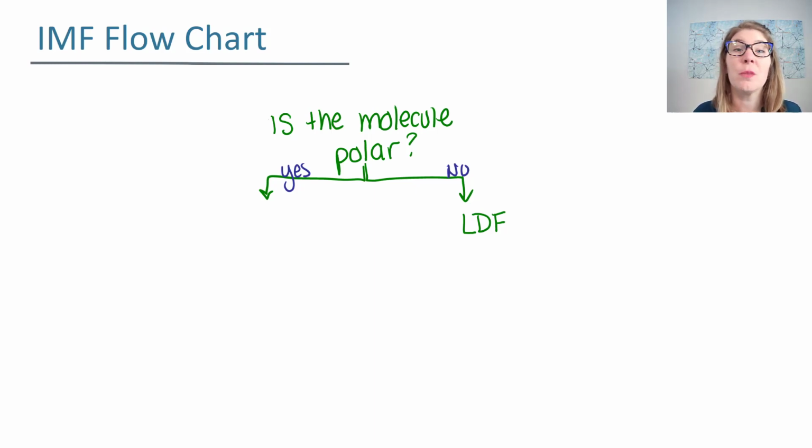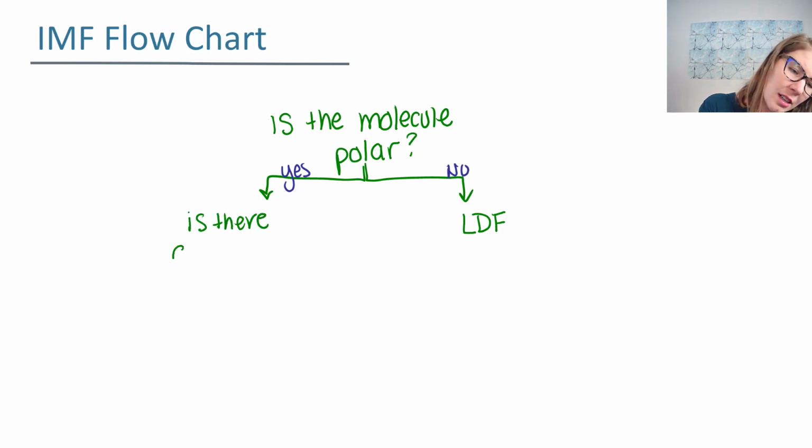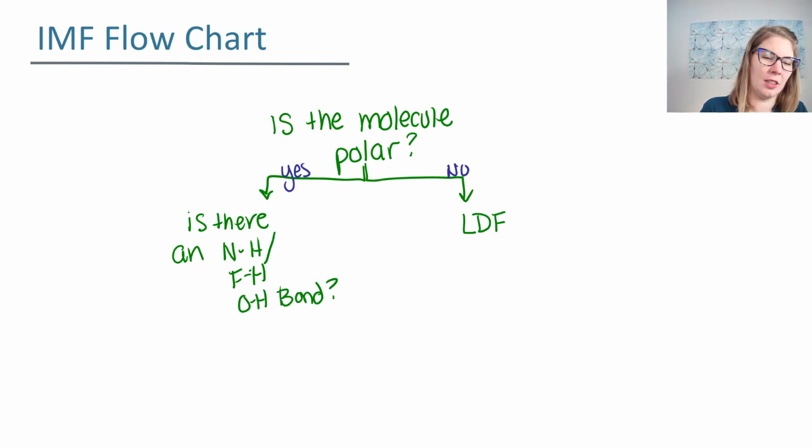But what if the molecule is polar? So if your molecule is polar, you need to ask yourself another question. Is there an NH, FH, or OH bond? So yes, we go one direction. No, we go the other direction.